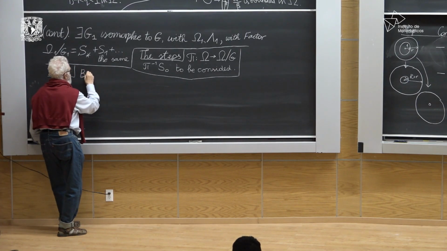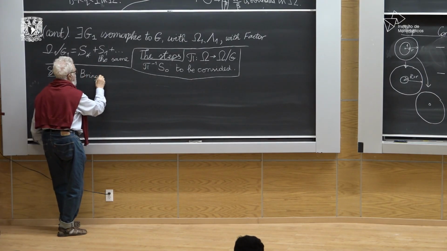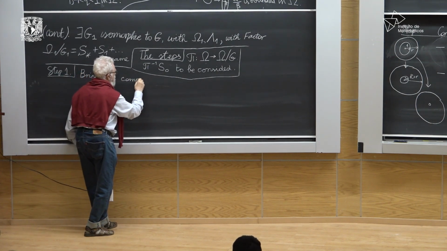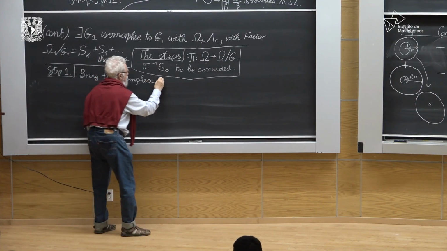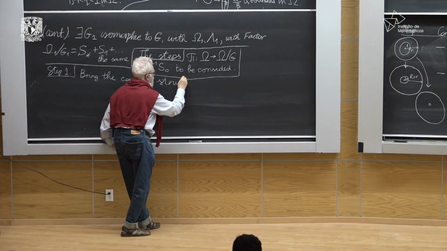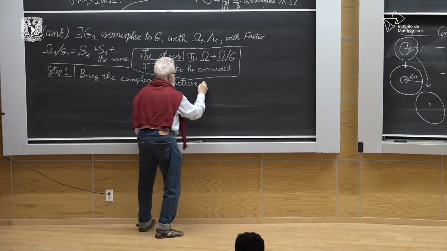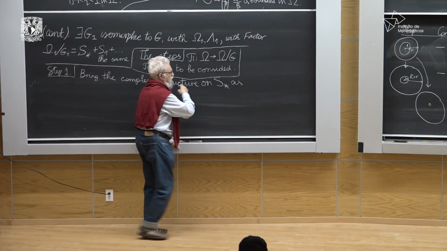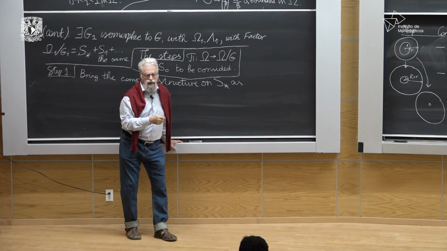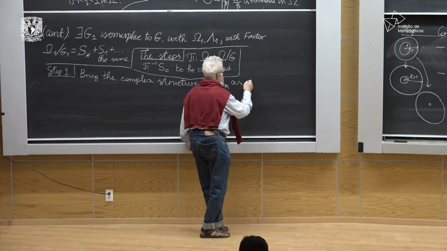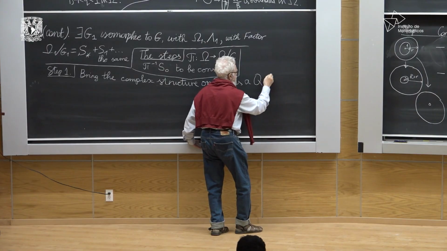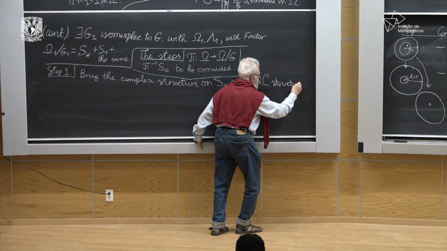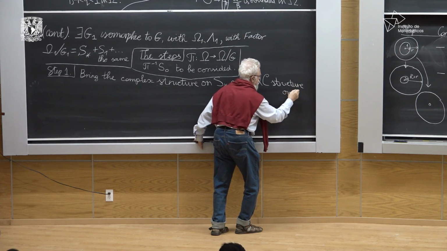Bring the complex structure on S0 by a pullback of the map of S0 to S star as a quasi-complex structure on S0.